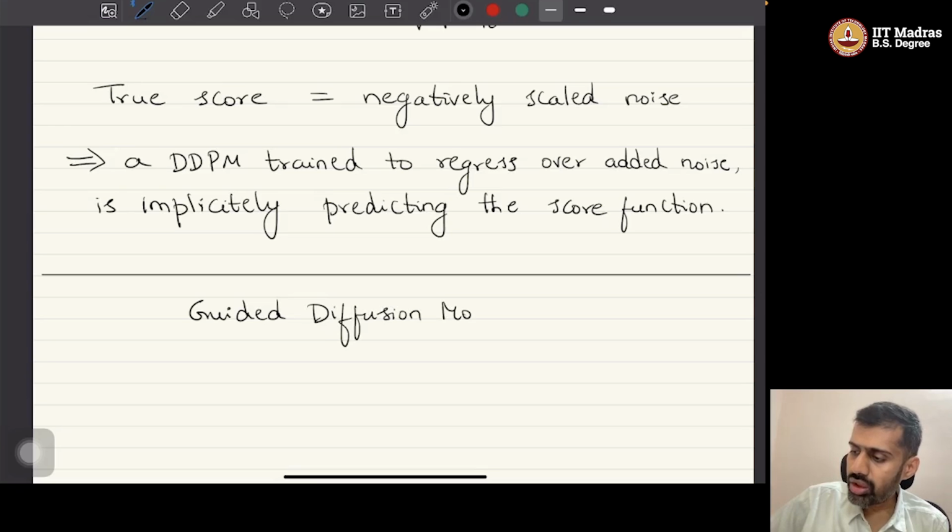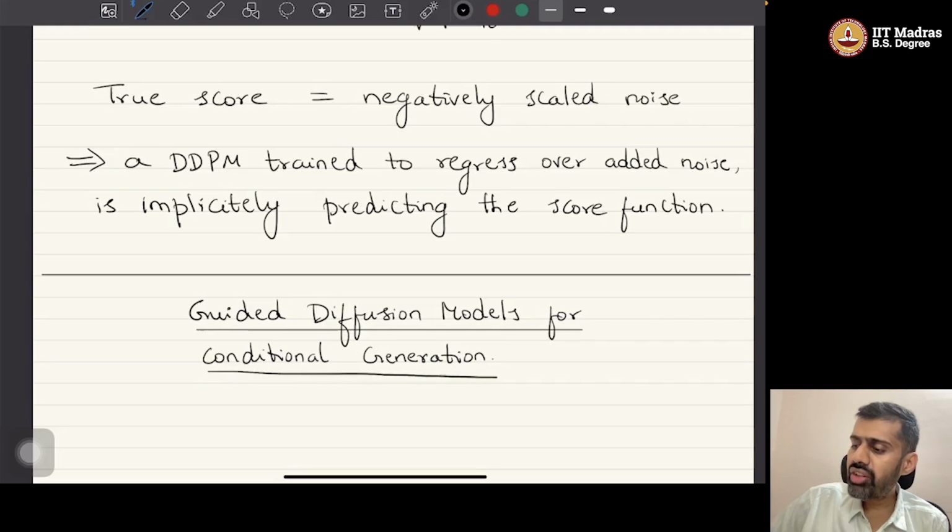Guided diffusion models for conditional generation. So all the commercially available tools that you see today are used as conditional generators.